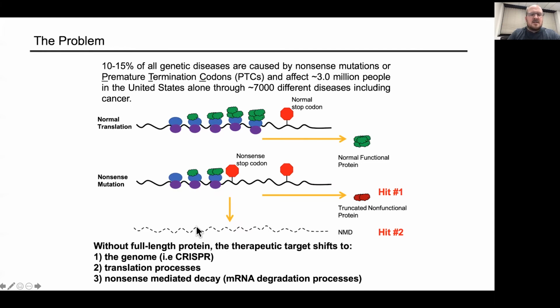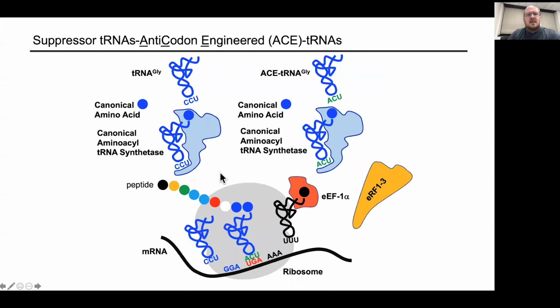Another is targeting the nonsense-mediated decay pathway, and the result of this would be an increase in the steady-state expression of the mRNA transcript. The approach that we're taking is the use of suppressor tRNAs, and we call these anti-codon engineered tRNAs or ACE tRNAs.